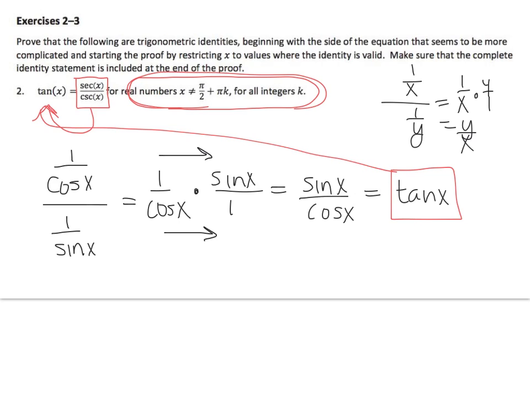So prove the following are trigonometric identities, beginning with the side of the equation that seems more complicated and starting the proof by restricting x to values where the identity is valid. Cool, we're good.